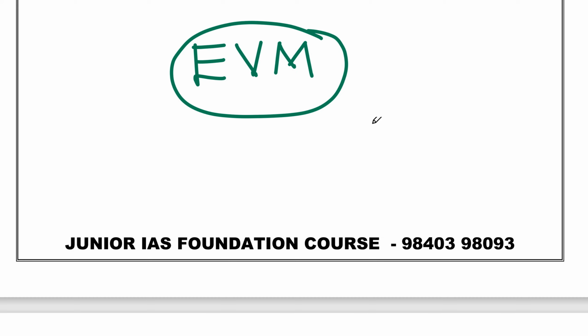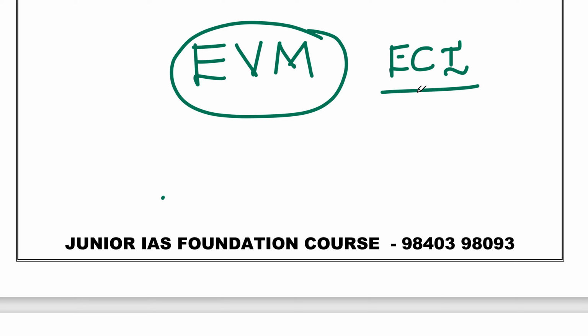It is an electronic device which records the votes electronically. Which is the constitutional body which conducts the election all over India? Now Tamil Nadu is going for the Lok Sabha election from April 19th. This is called EC or ECI, the Election Commission of India.